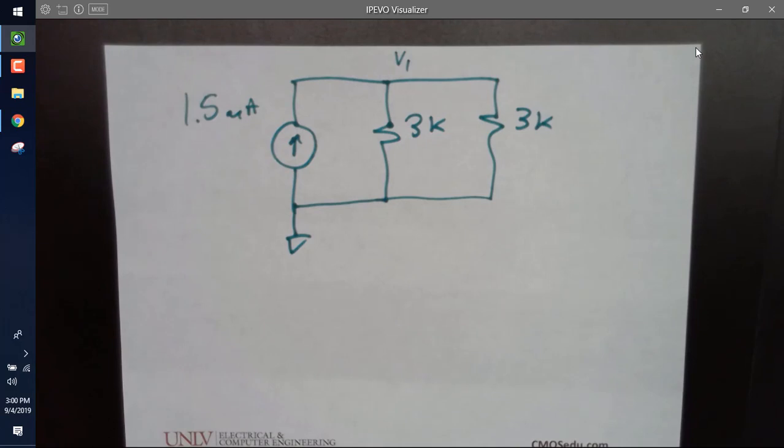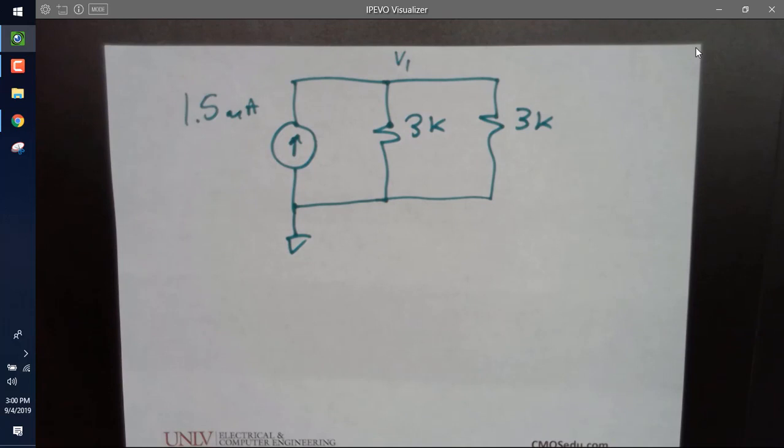What do I know? The two 3K resistors are the same, right? So 1.5 goes up to the top, and what does it do? Splits and goes down each of the resistors. But without thinking too deep, what do I know? Because it's the same resistor value, and they've got the same voltage across them, it's going to be half. So I've got 0.75 milliamps, or 3/4 of a milliamp flowing down each leg.